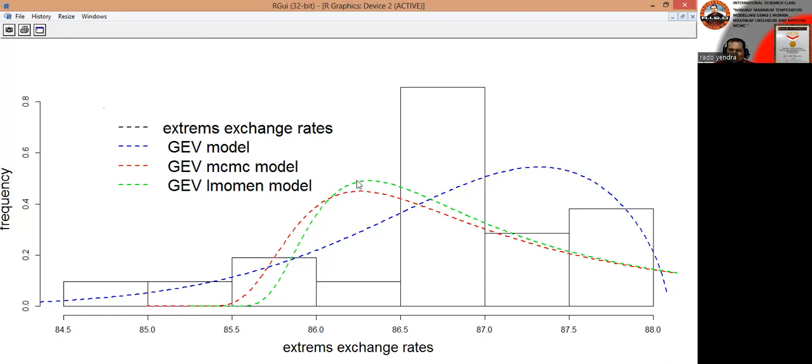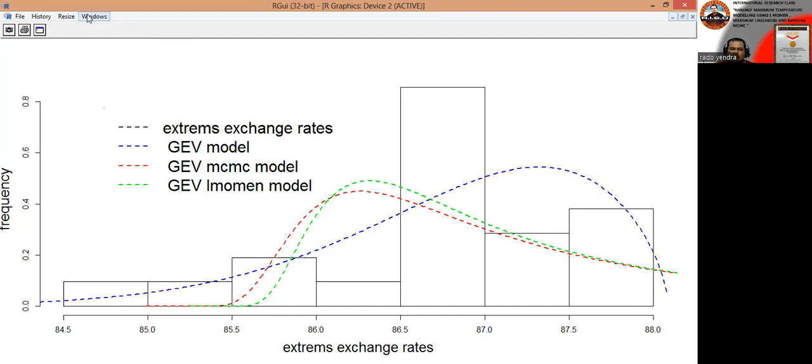So it means maximum likelihood still is the best way to estimate the parameter for our discussion using the maximum temperature data.